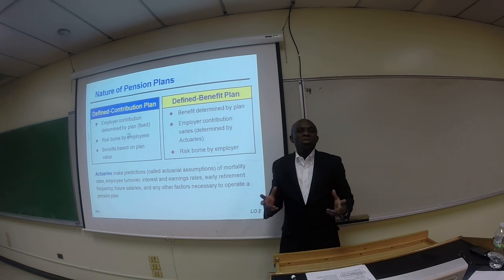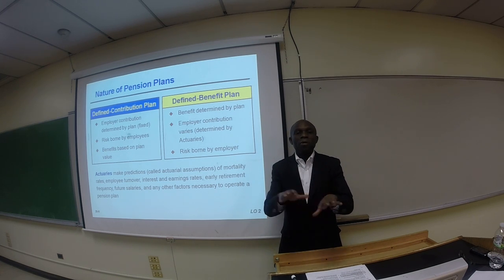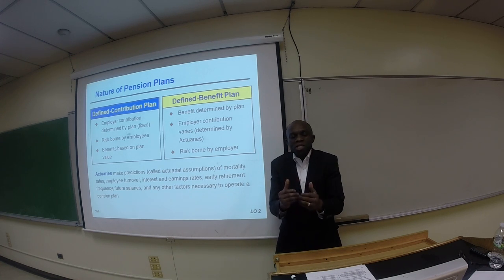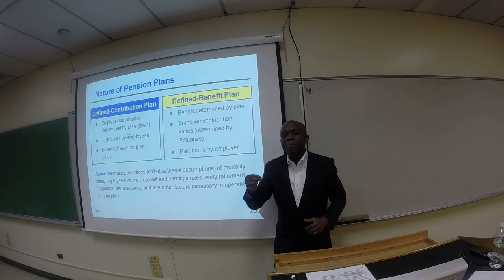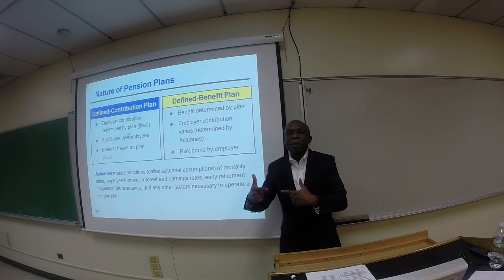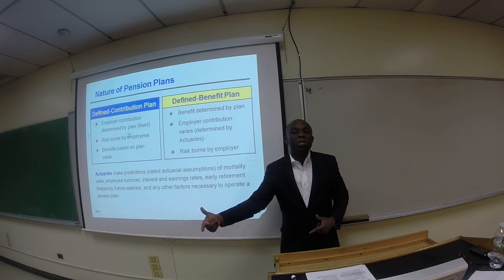So the employer will say, well, we contribute 2% of your salary into your pension account, and that is basically it. So the contribution is specifically defined. Now let's take a look at the second one. That is a defined benefit plan. That is a plan whereby the company defines the benefit that you are going to receive when you retire.